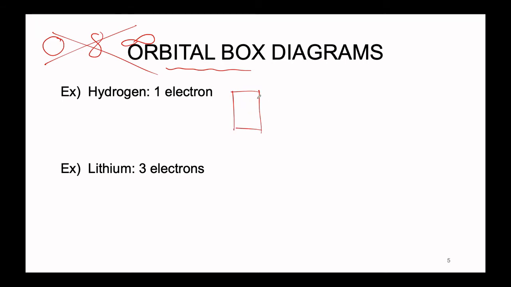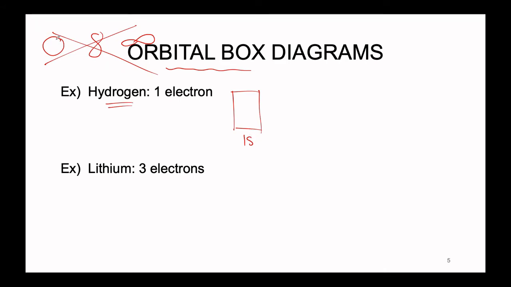The way that we can label or represent this orbital a little bit more explicitly is to write what it's supposed to represent. So let's say we're drawing the orbital box diagram for hydrogen, which only has 1 electron. Well, we're going to draw this box, and the box that we draw first is going to represent that lowest energy state according to the Aufbau principle. This is going to be a 1s orbital box.